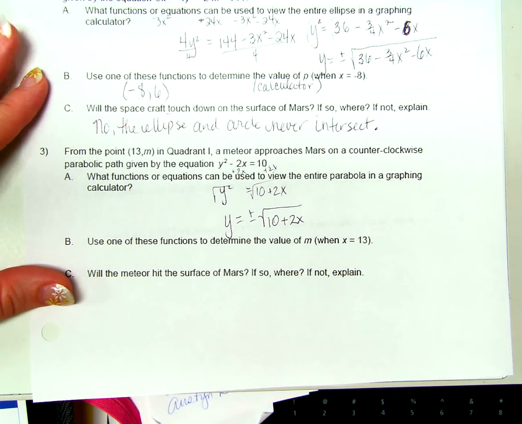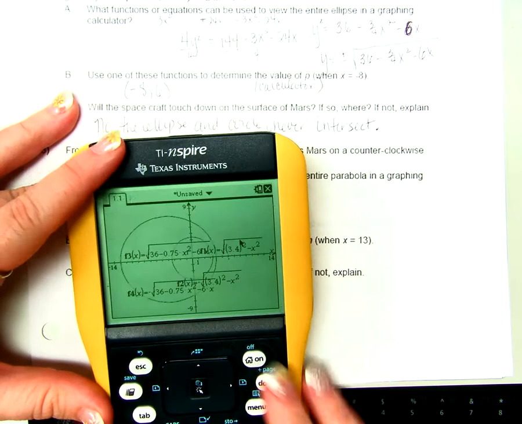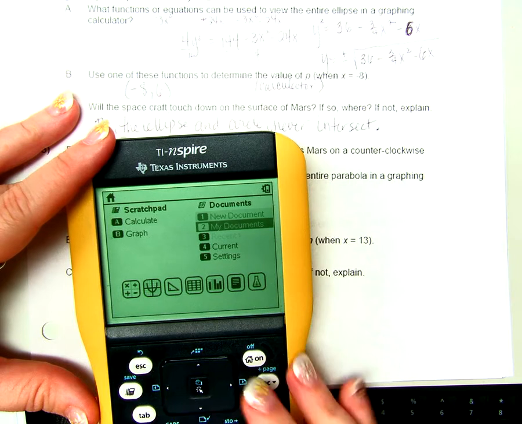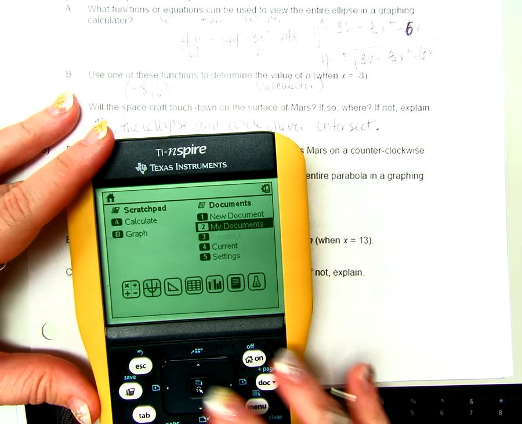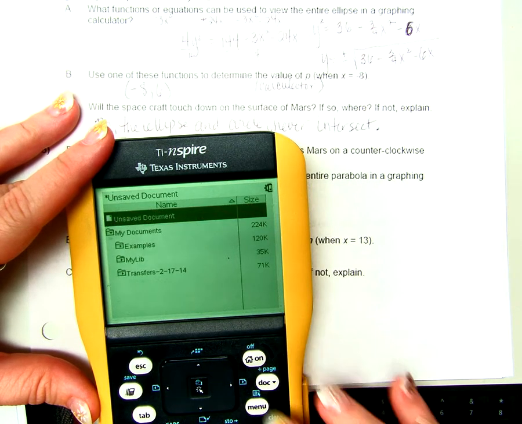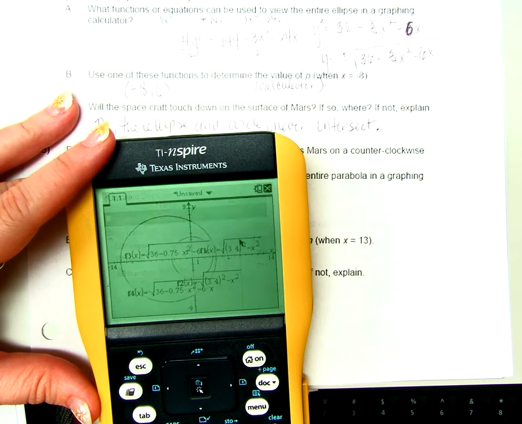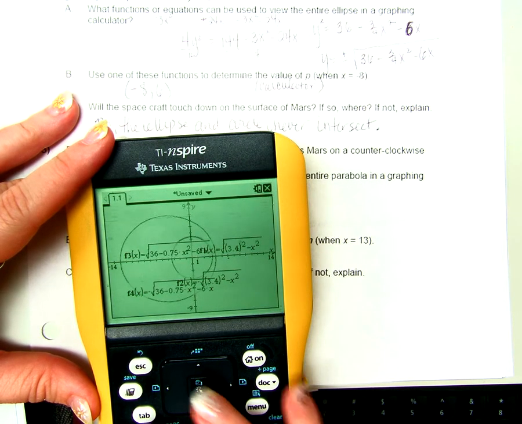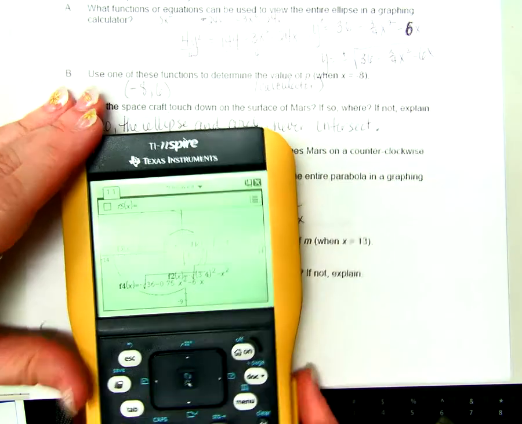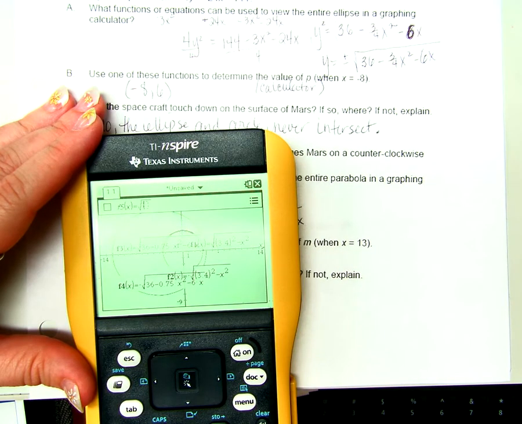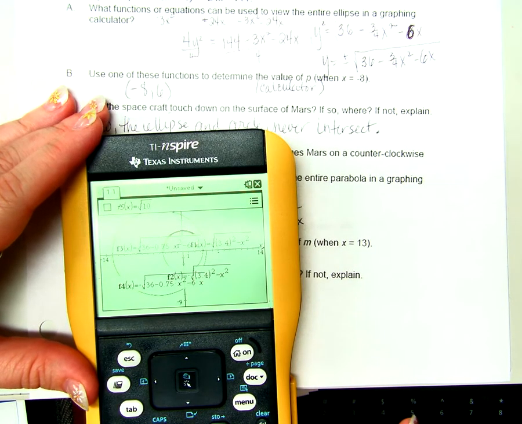Want to go ahead and graph that? On tab. Whoa, what the heck? I don't think I do. There, okay. Tab. Y equals the square root of 10 plus 2x, right?